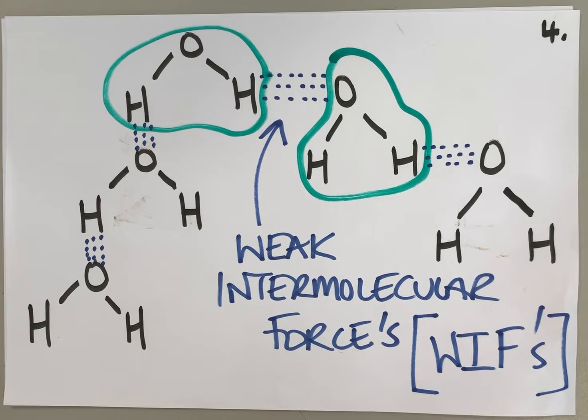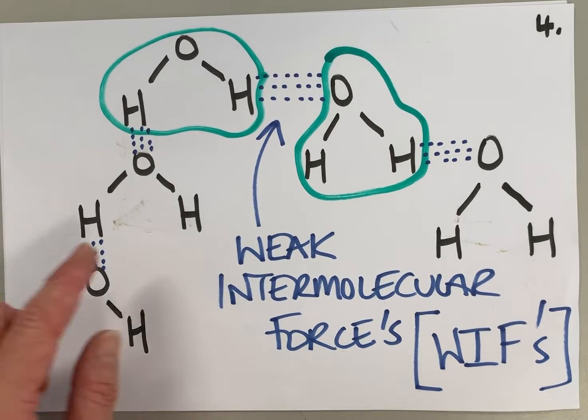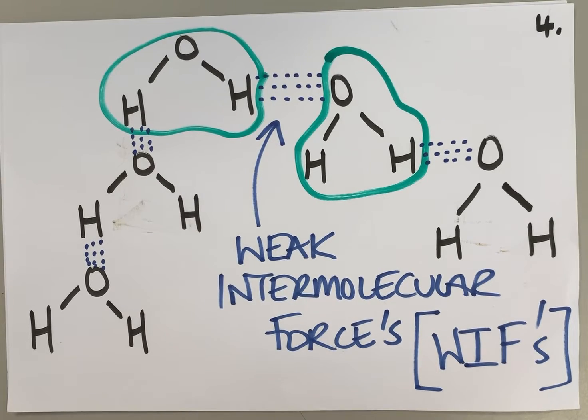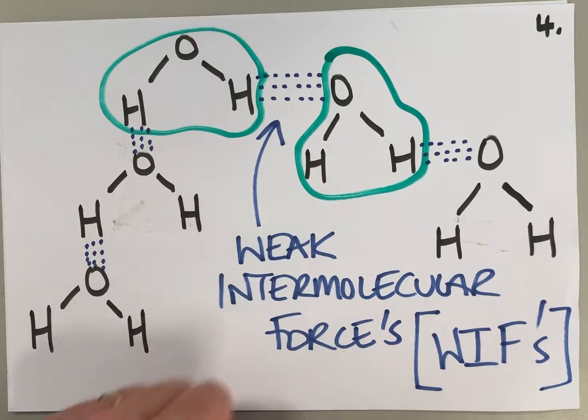Welcome everybody. Just want to recap what we did in the last video and then introduce what happens during changes of state or phase changes. So what you can see in front of you should look familiar to you. There are some water molecules, and in between the molecules there are these weak intermolecular forces.